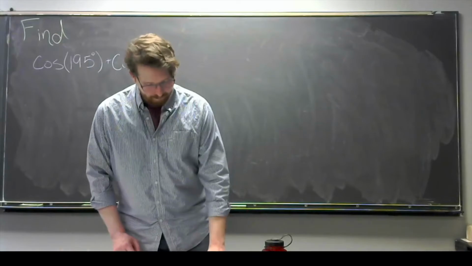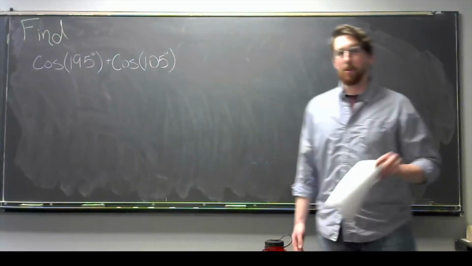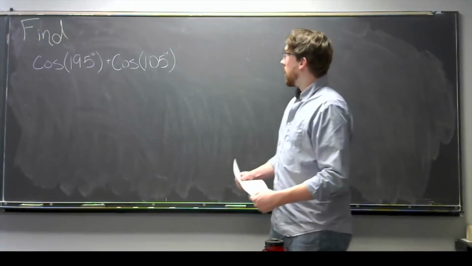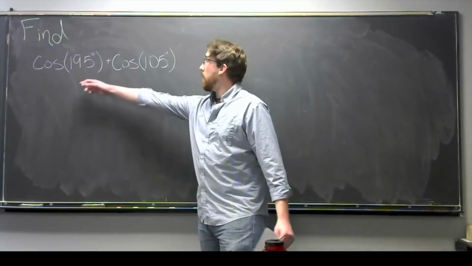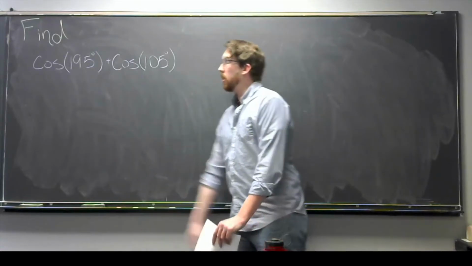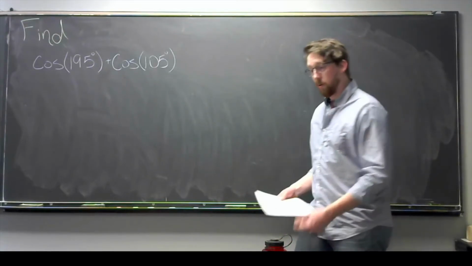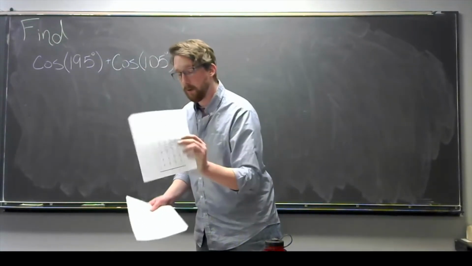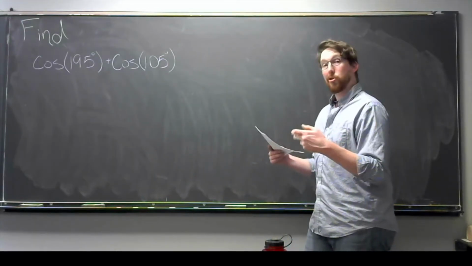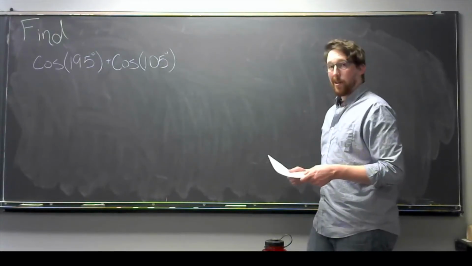Having said that, let's get to this problem. We're going in the opposite direction of the way we did the last problem, right? Instead of going product to sum, now we want to go from sum to product. The way we're going to do that is by, again, looking at our nice handy sum to product formula table. You'll notice the 3rd formula in that table. We're going to apply that here.